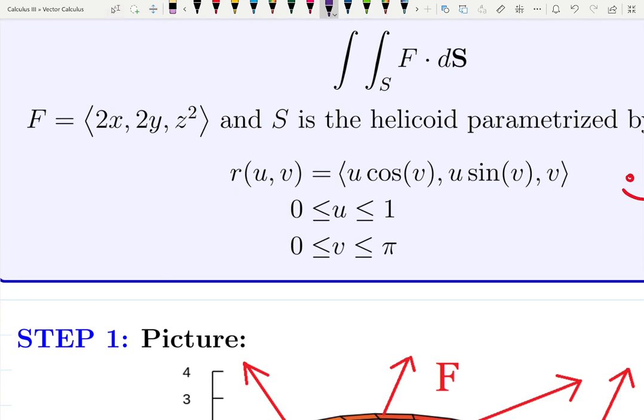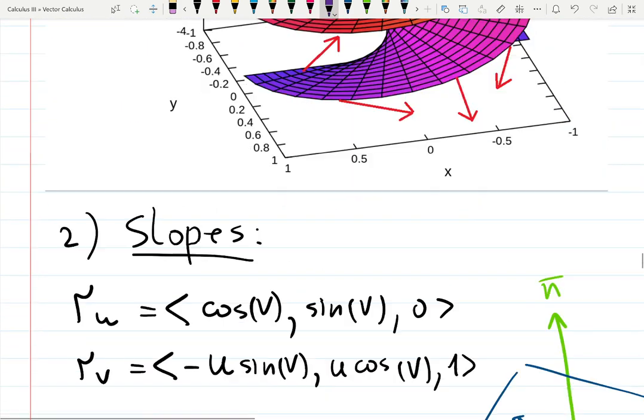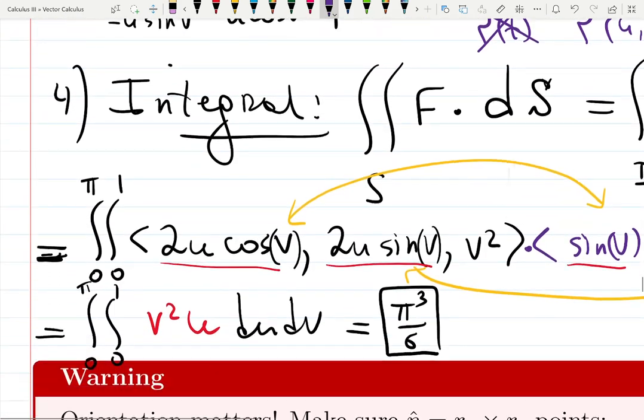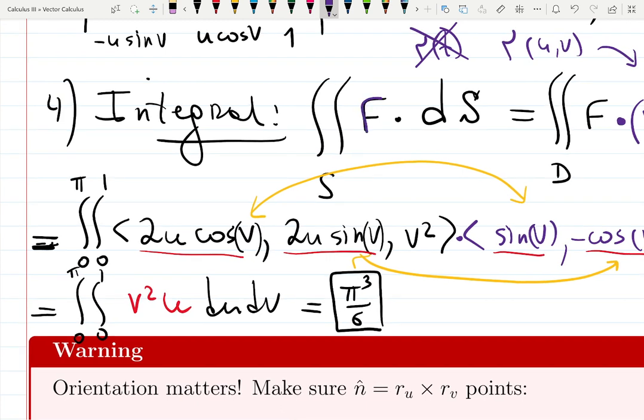You always remember, if this is given, then this is automatically x, this is automatically y, and this is automatically z. So we plugged in x, y, and z into the integral. Did you notice? u cosine v, u sine v, and v. We plugged it in, and that's how you completely rewrote the integral. F was rewritten in terms of the parametrization as well.